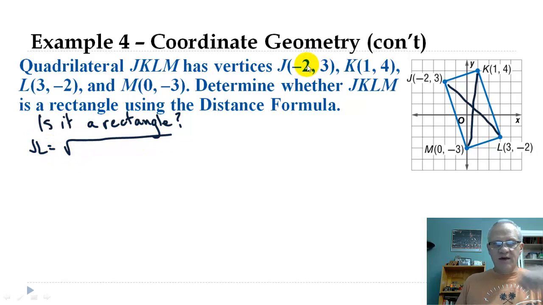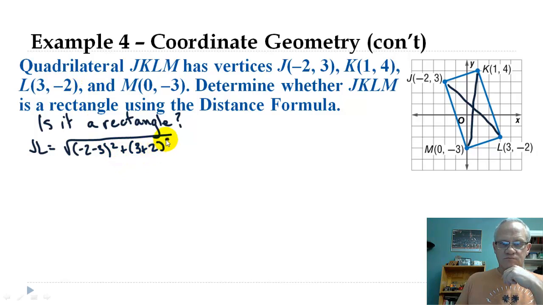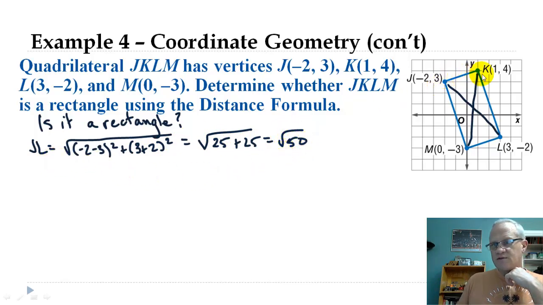So if I do JL, it's going to be what? Negative 2 minus 3. And then 3 minus a negative, or 3 plus 2. So that's negative 5 squared, which is 25, and 5 squared, which is another 25, so square root of 50. And then let's also look at KM.